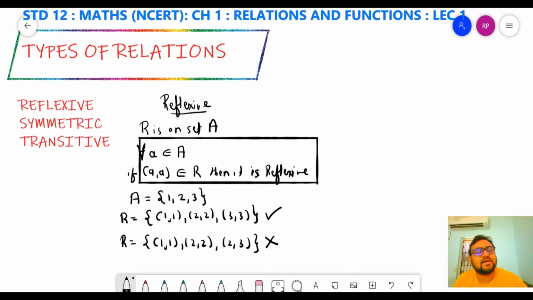The question can be asked that verify that the given relation is reflexive or not. That means you can do two things. First, either prove that it is reflexive, means for every element a, the ordered pair (a, a) belongs to R, or else just find out that for any element there exists a such that (a, a) does not belong to R. I am talking about not reflexive.